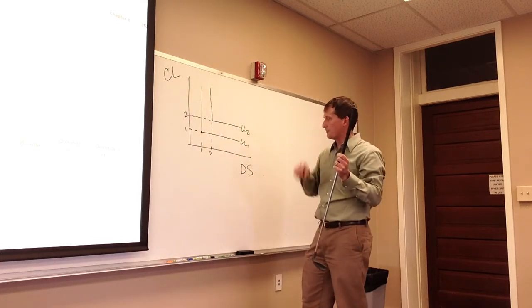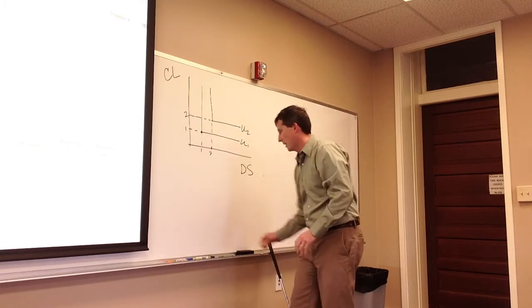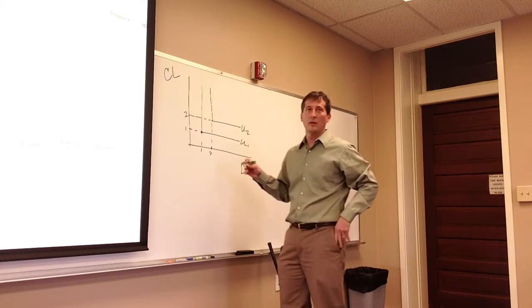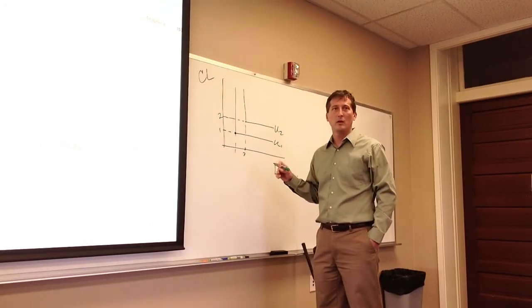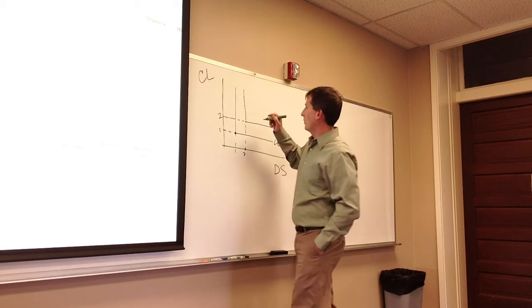Now, if you consume the good in the 2-to-1 ratio, wouldn't it come down on the 1 and then diagonally go across? Is that what I'm kind of thinking of?